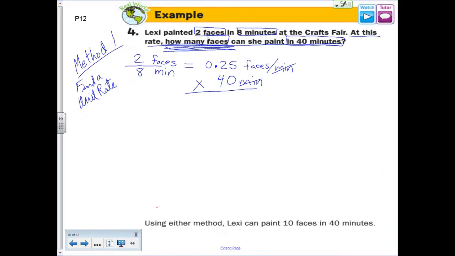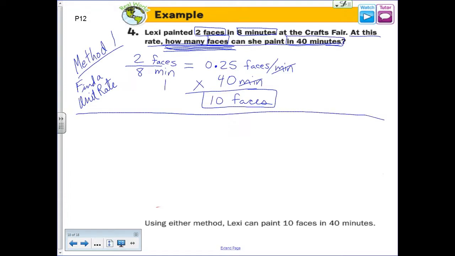And when I do that, it comes out to be 10 faces that she can paint in 40 minutes if she's painting constantly. Okay? That's method one. You find a unit rate and then you multiply it by the amount of time.